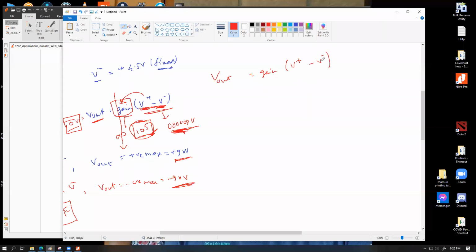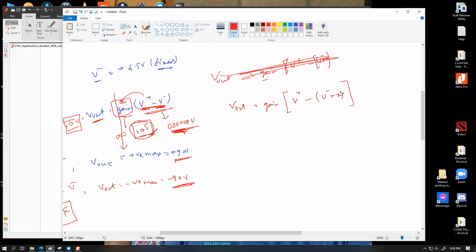If the feedback fraction is added to this thing, let's say I'm going to give a third bracket over here. Let's say this V minus is getting added as a small fraction. Let's say this is X. আমার লেখাটা হইতেছে না, আচ্ছা আবার লিখি. Let's say V out equals gain multiplied by V plus minus V minus plus X.